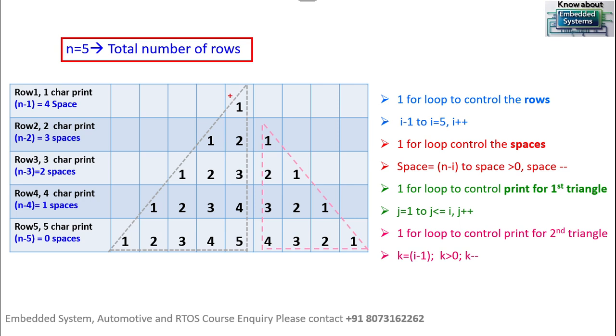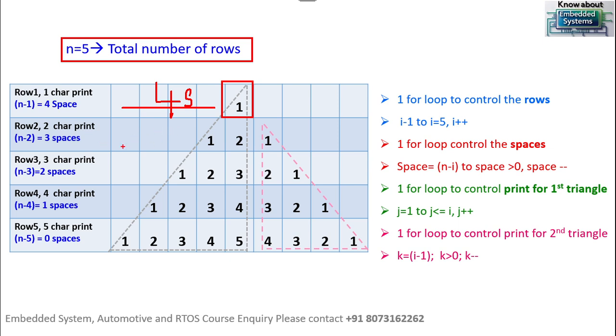In the first row, I want to print only one number, but not exactly in the first position. It has to be printed in the fifth position, and for the first 4 positions I have to give spaces. So in the first row I need to use 4 spaces and one character to be printed.